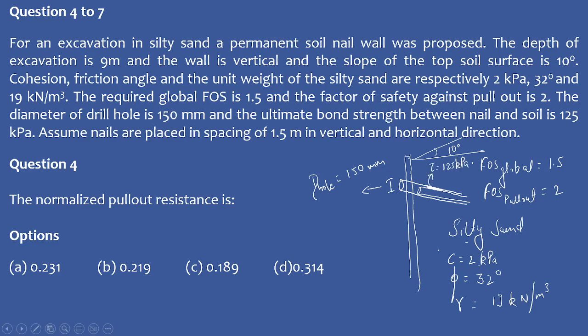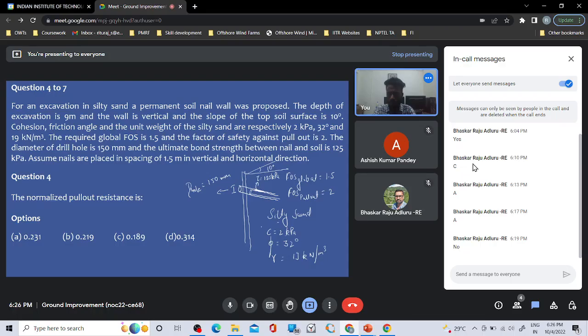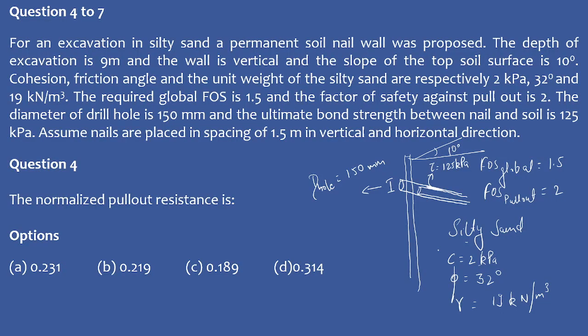So first we need to find out the normalized pull-out resistance. Anyone with the answer? Yeah, the correct answer is 0.219. How do we come to that?